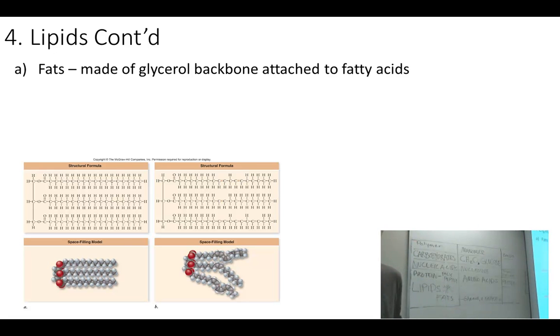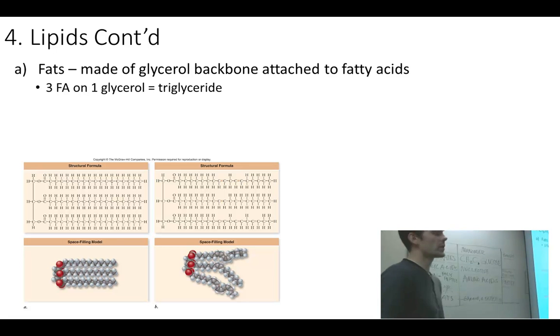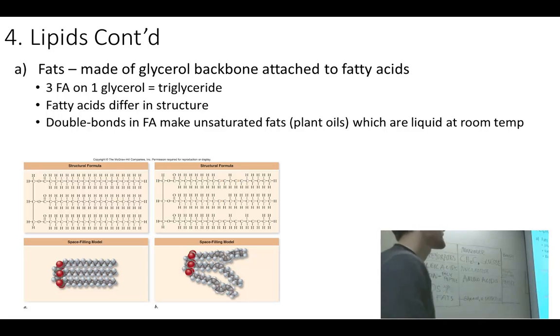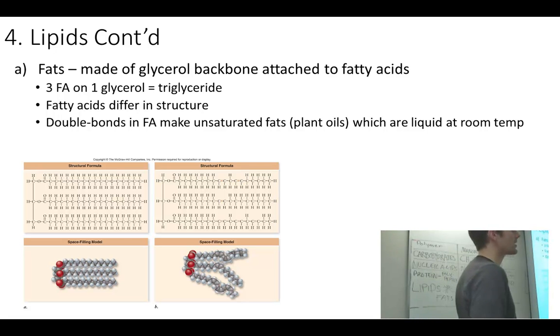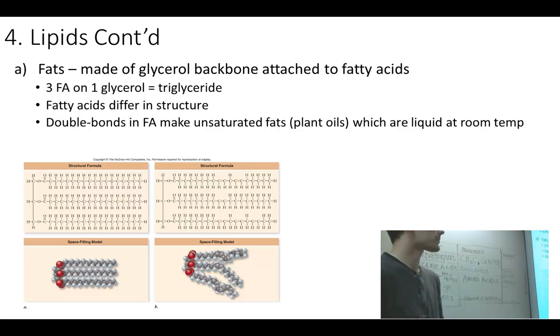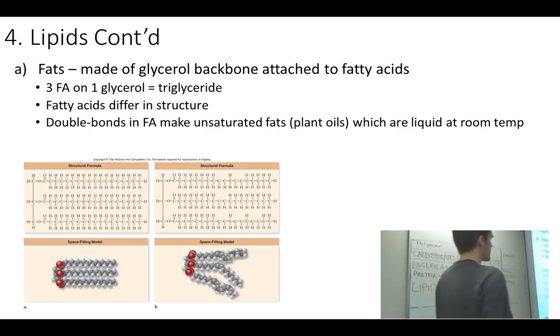You can have a triglyceride, which will have 3 fatty acids on one glycerol, or you can have a diglyceride or a monoglyceride, which would have 1 or 2. But generally, if there's enough energy and enough fatty acids available, they will make a triglyceride.